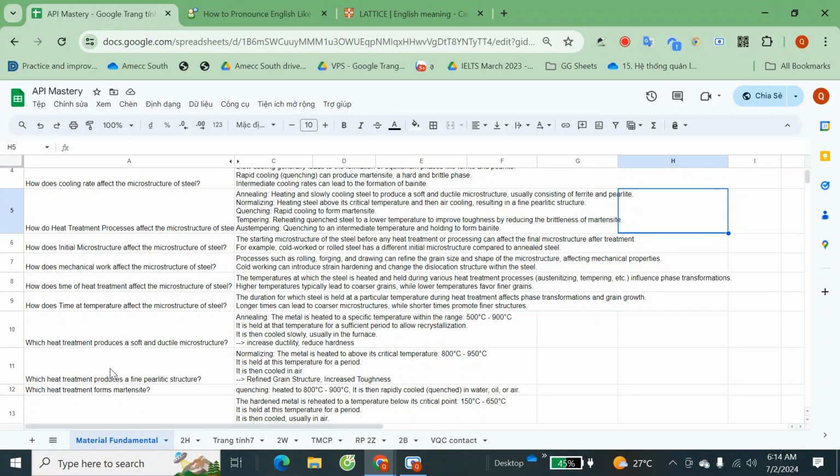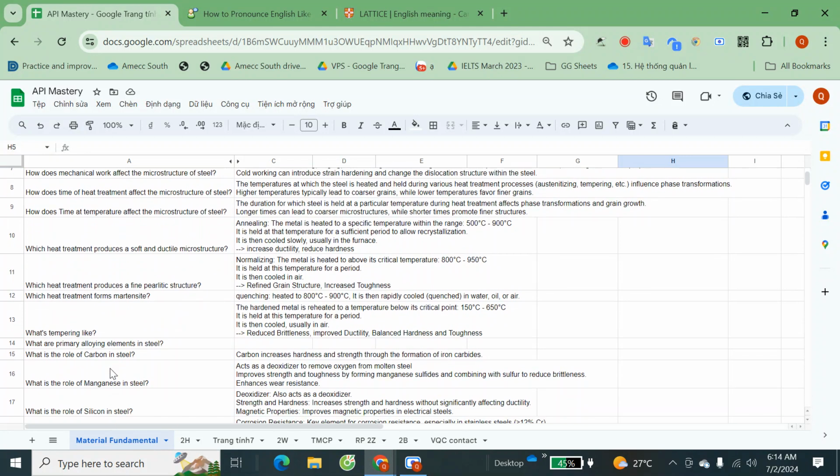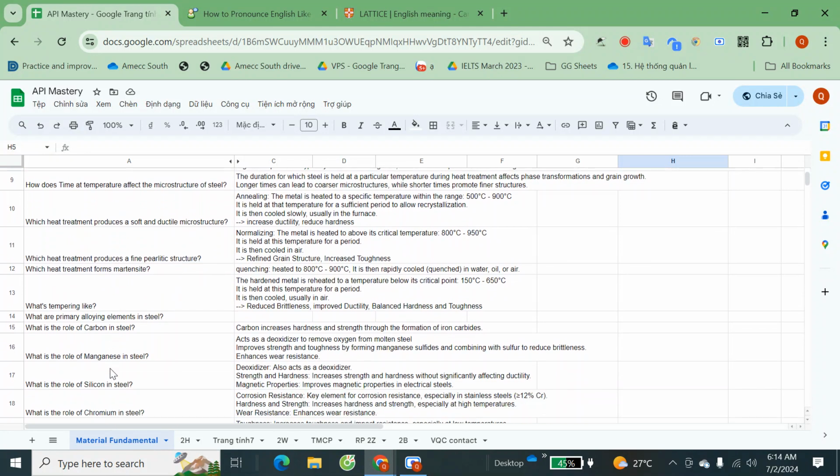Which heat treatment produces a fine polycrystalline structure? Normalizing.